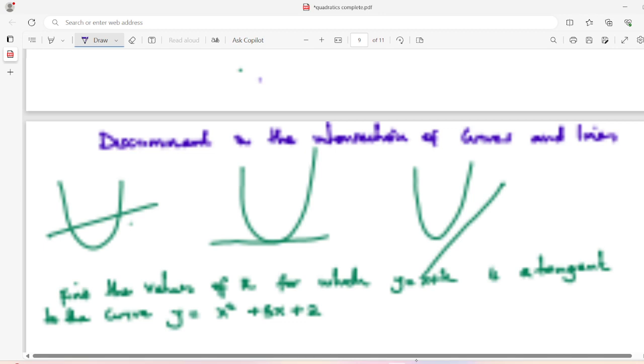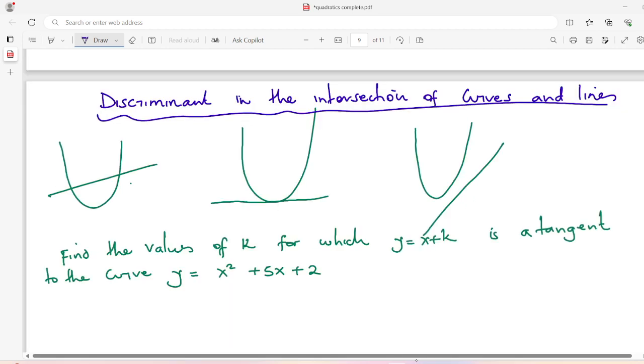We can use the discriminant in intersections of lines and curves. If the line intersects the curve twice, it means we shall solve and have two solutions. So if we can solve and get 2 points of intersection, then we can use the discriminant of greater than 0.